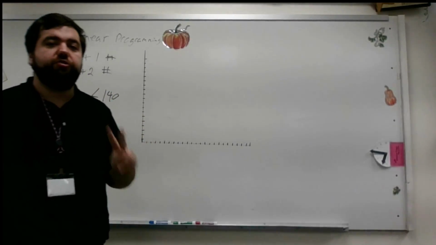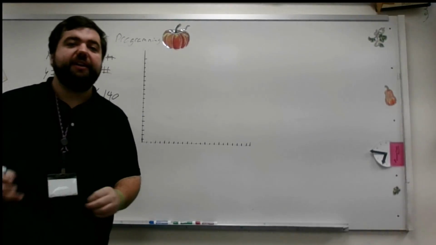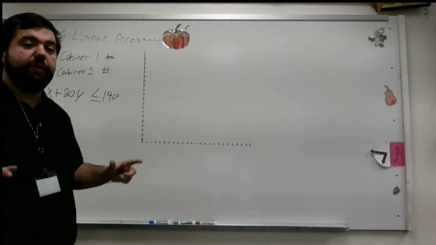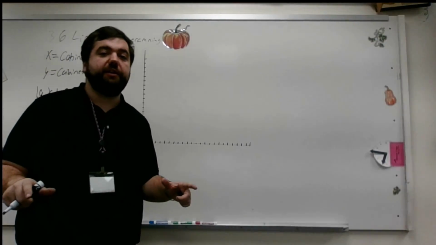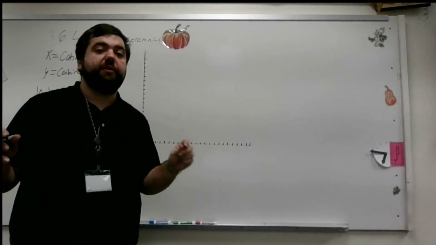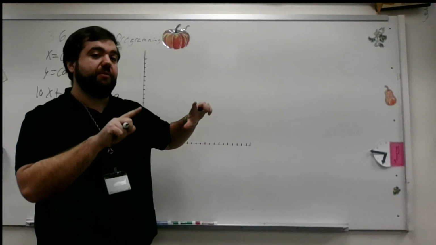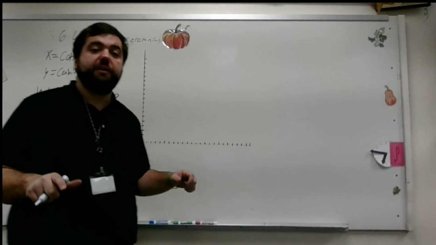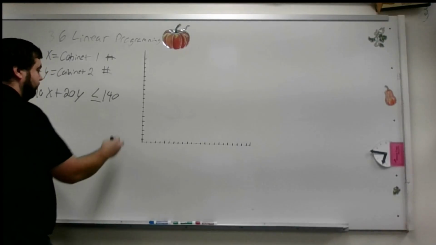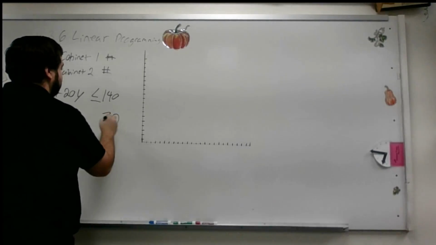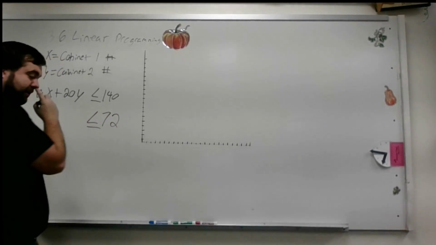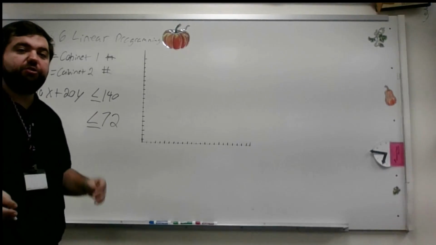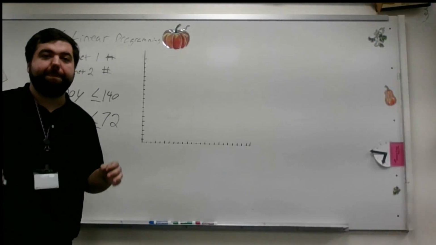Add a second constraint. What was that constraint? It was space, right? We had only so many square feet. How many square feet did we have? Well, it was 72 square feet. So we have to be less than or equal to 72 square feet.